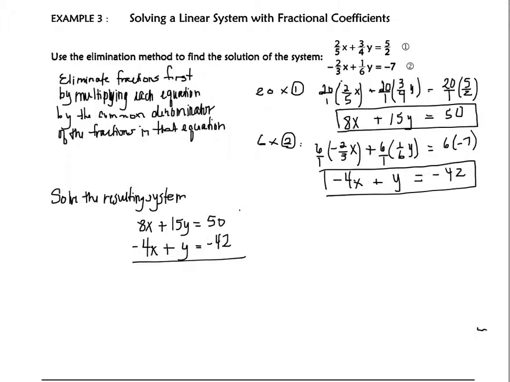I'm going to call this my new equation 1 and this my new equation 2. If we're going to use elimination, probably the easiest thing to do here would be to multiply the second equation by 2, so then you'd have an 8x in the first equation and a -8x in the second equation. So the first equation is going to stay the same.